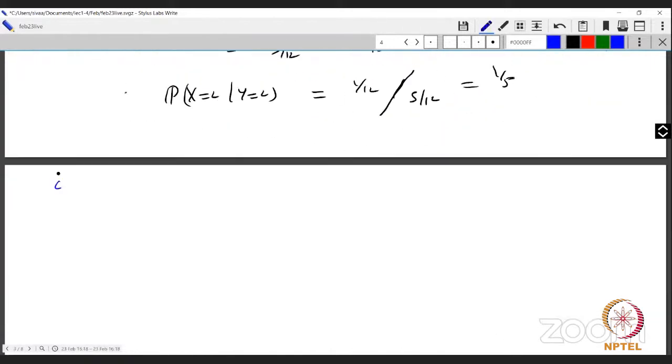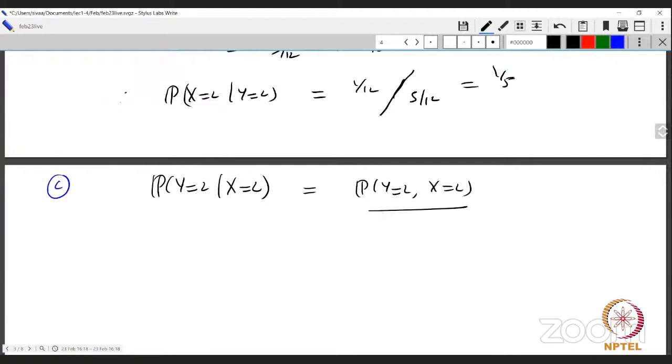So part C is I have to estimate probability y equal to 2 given x equal to 2. But that's the same as probability y equal to 2 and x equal to 2 divided by probability x equal to 2.